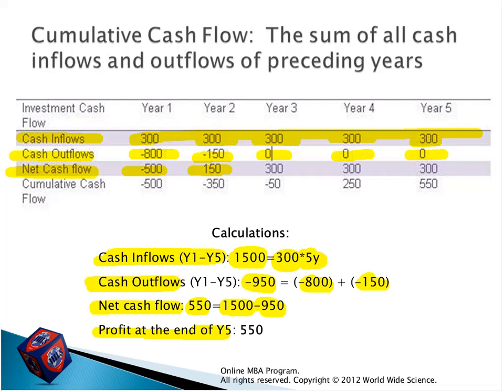We are investing 950 US dollars in the project, and we are getting profits of 550 in the positive amount. You see, this is a simple calculation of how we can get the net cash flows from the inflows and the outflows, that is, how much we invest in the project and how much profit we actually receive from the project.